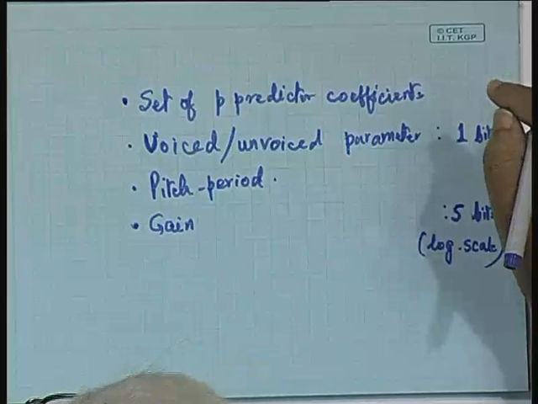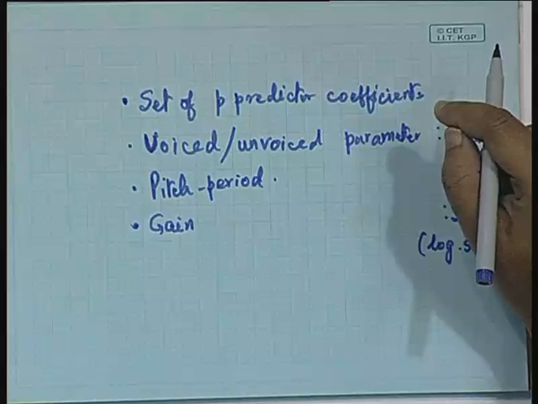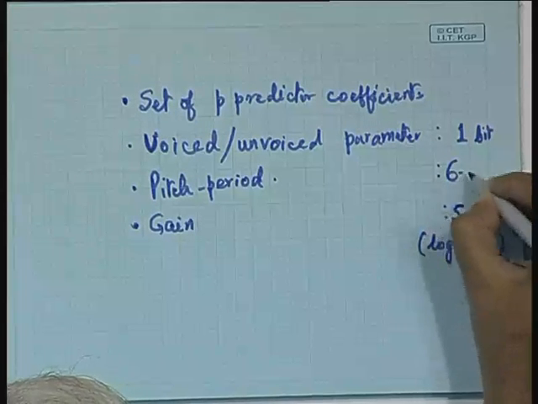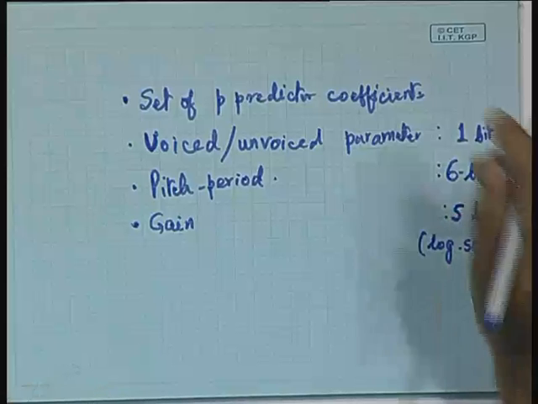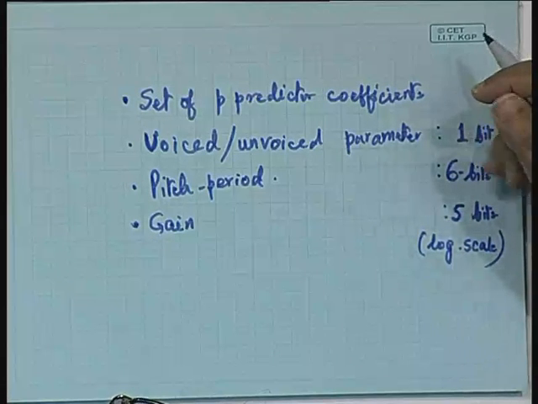That is seen to be sufficient. The pitch period is also expressed in a quantized form, and normally 6 bits of quantization in the pitch period is generally considered to be okay.